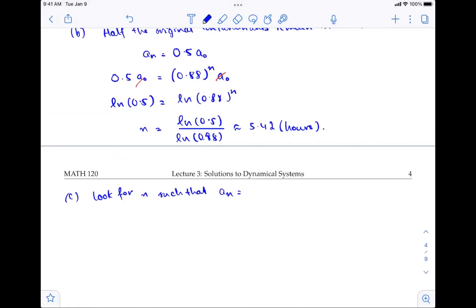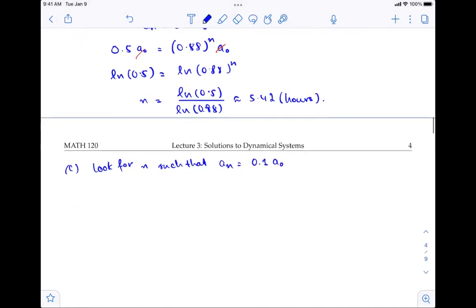So after a certain n, you have a sub n equal to 0.1 a0, and you set this equal to 0.88 raised to the power n times a0 again.